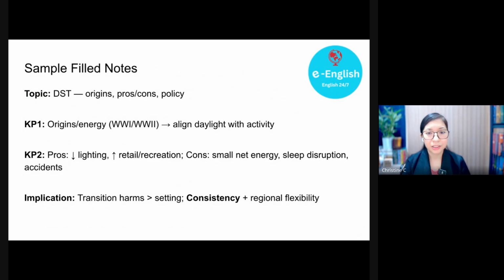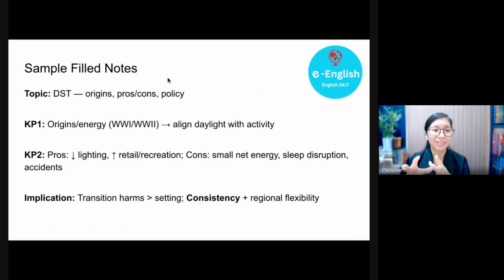For the implication, we can say that there's more harm in the transition, and consistency plus regional flexibility is a more important factor to consider.